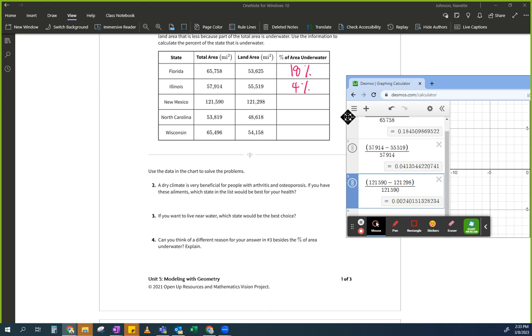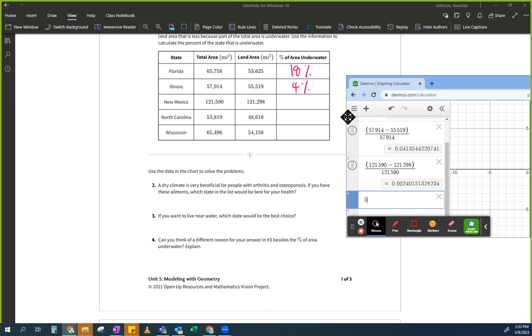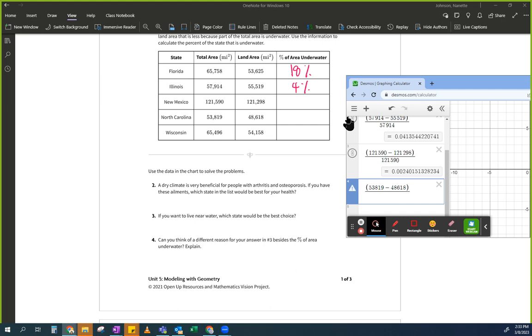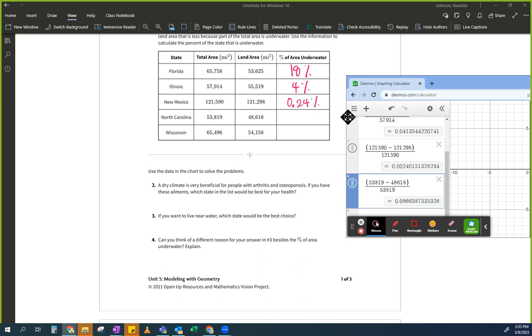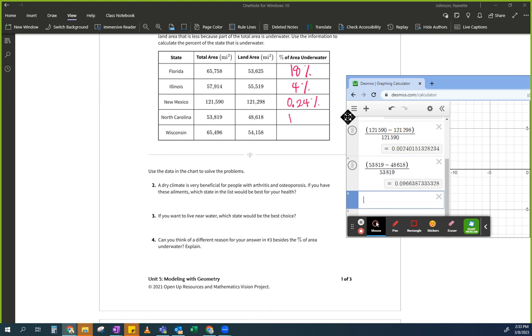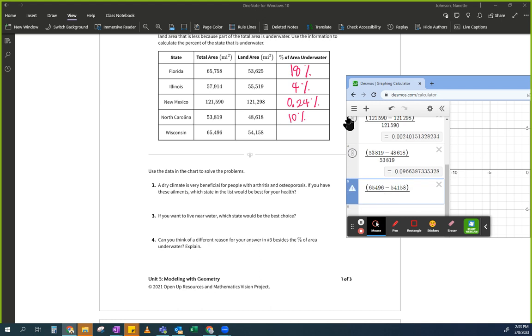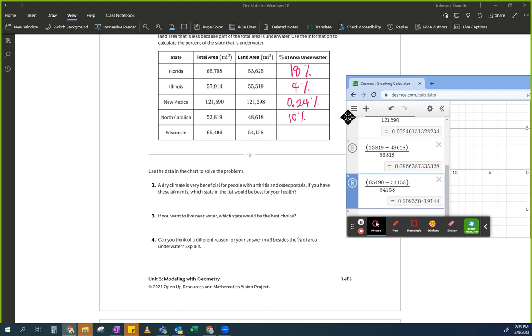Put a big old decimal there so everybody sees it. And then my next one is 53,819 minus 48,618 divided by 53,819. So what is that? Like 10%? And then last but not least, I got 65,496 minus 54,158, and then divided by 54,158. That's 21%.